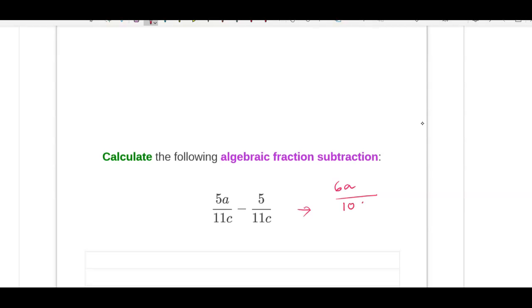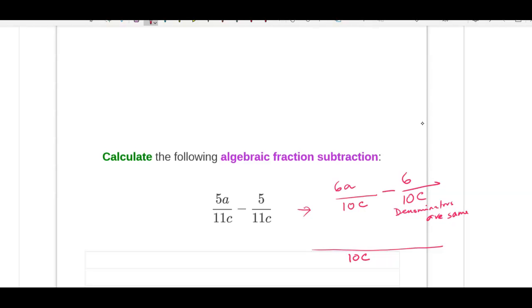I'm not going to give you exactly the same thing, but perhaps, oh, sorry, I got to use the eraser, and then, yeah, it's a minus sign in between, and I'm going to say 6a over 10c. Since the denominators are same, it'll be 10c.